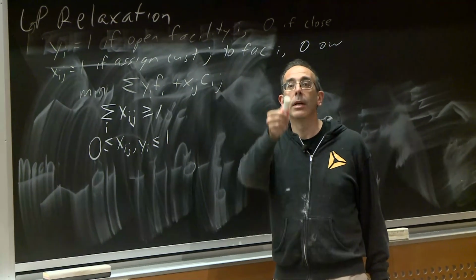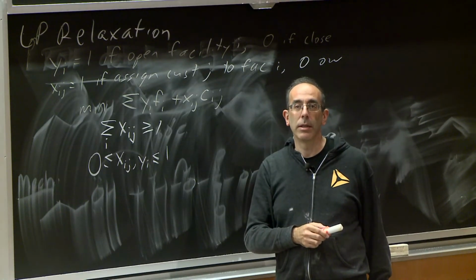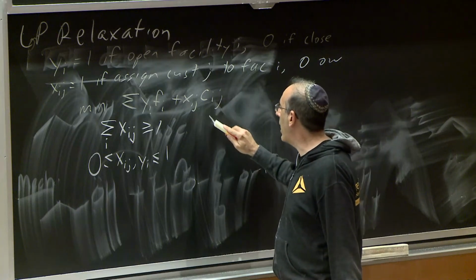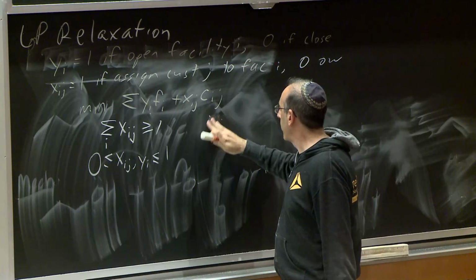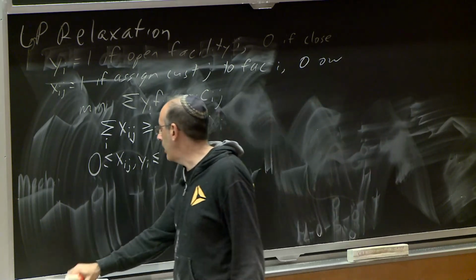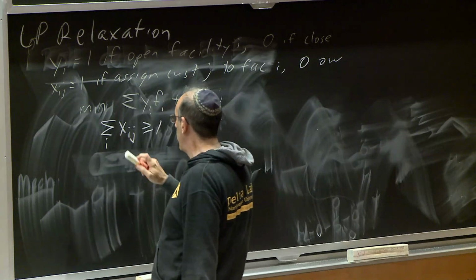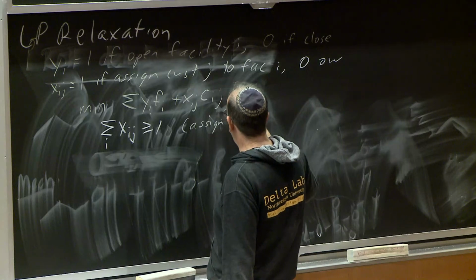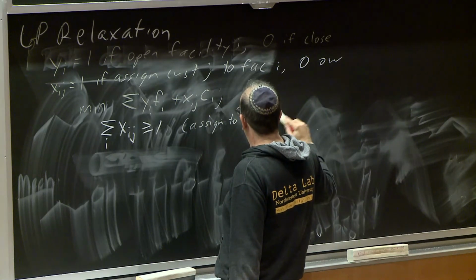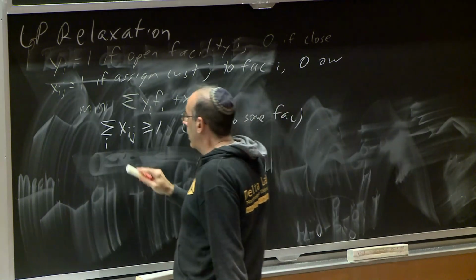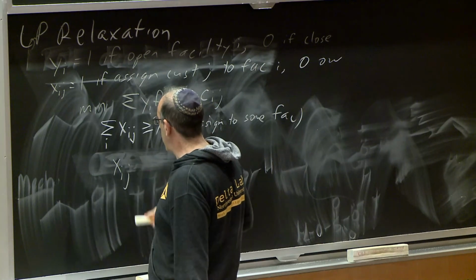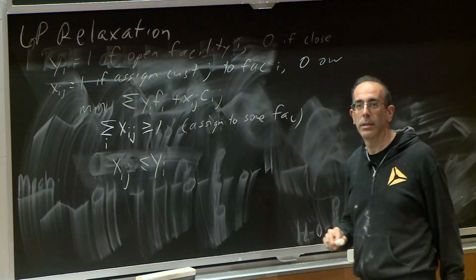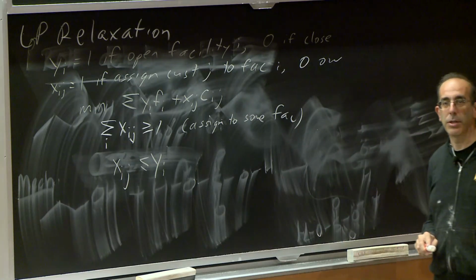Right? Xij is less than or equal to yi. Exactly. So this is saying you assign to some facility. And saying that xij is less than or equal to yi, what is that saying, if we think in terms of integers?